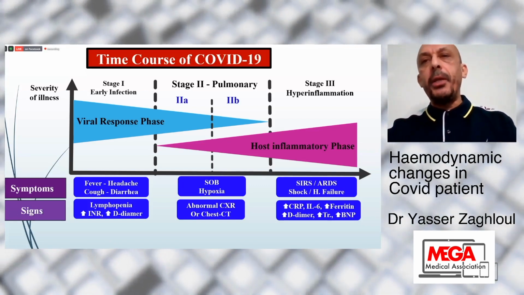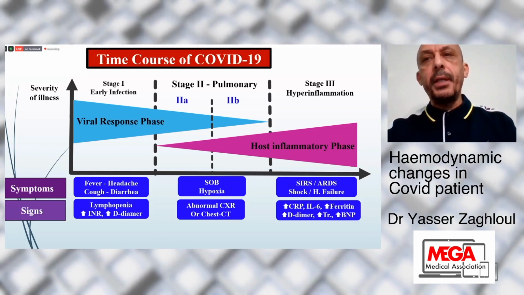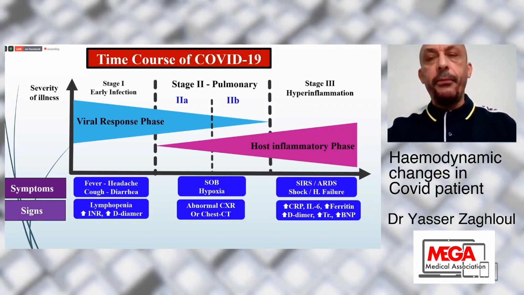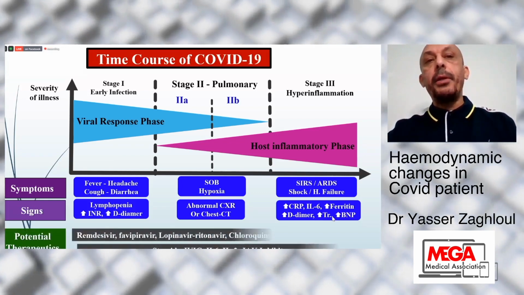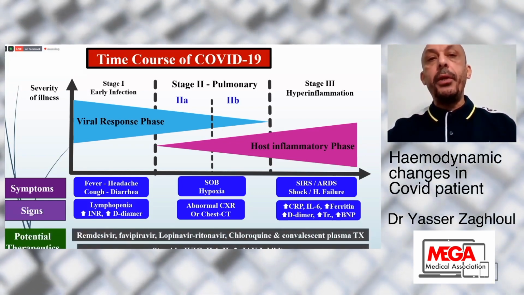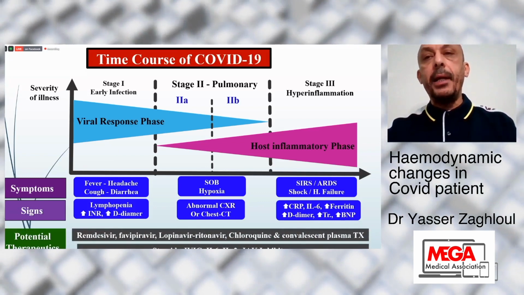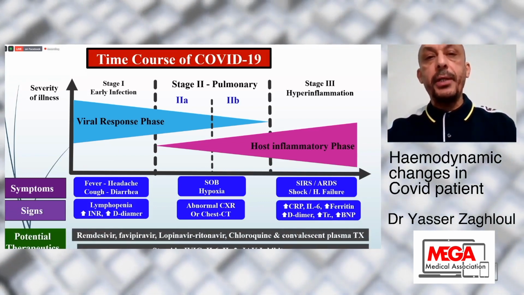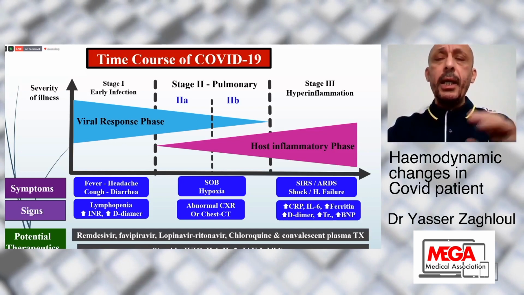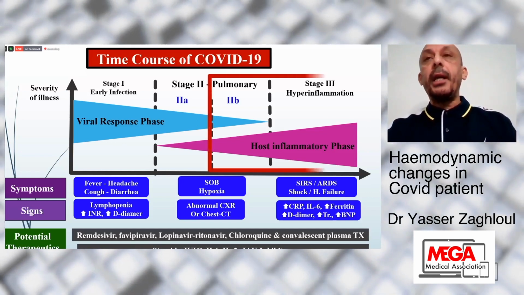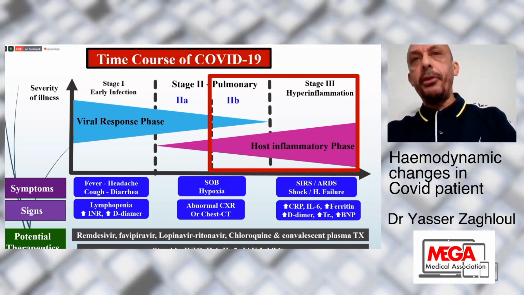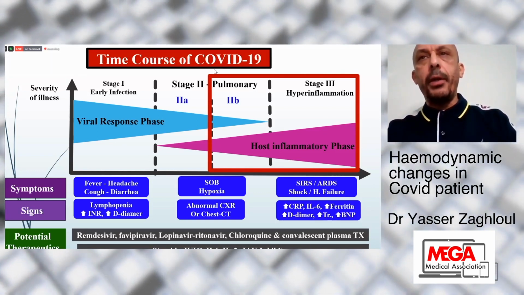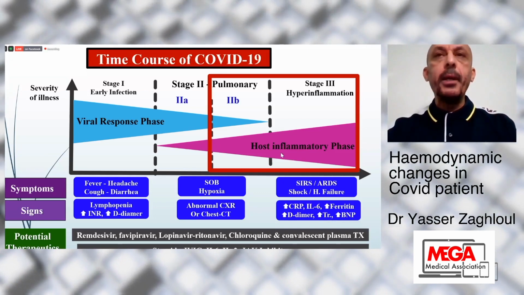After that, the patient may develop shock, adult respiratory distress syndrome, and increased inflammatory markers. And your options, according to the situation, you may use antiviral, antimalarial, plasma transfusions, steroids. In any case, we are talking now about the critically ill patient, usually in stage 2B or stage 3. So this is our target for today's talk.